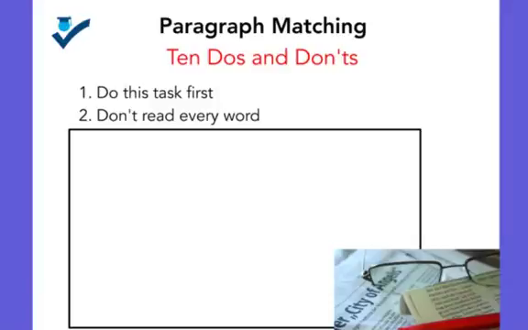And you only have 60 minutes to cover 40 questions in the test. And in this kind of question, you are only required to understand the main idea of each paragraph. Okay, not every single piece of information.